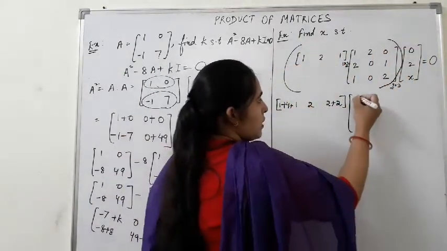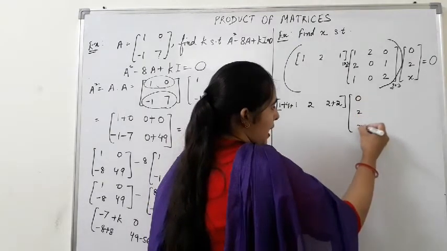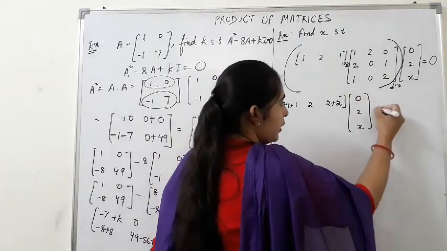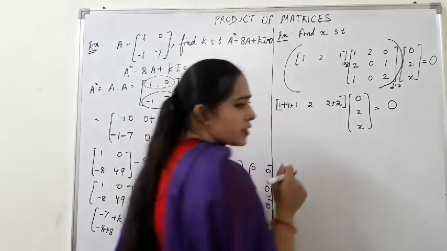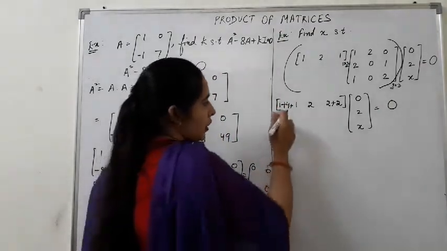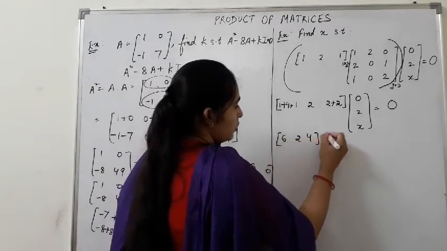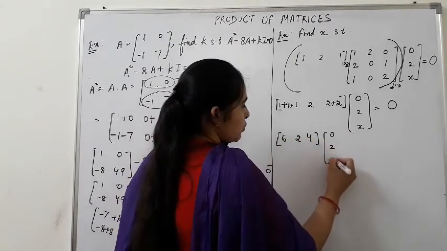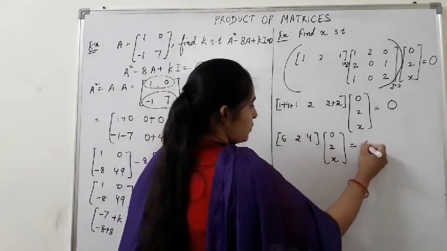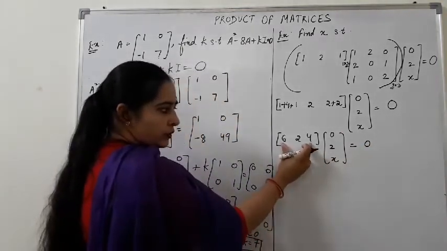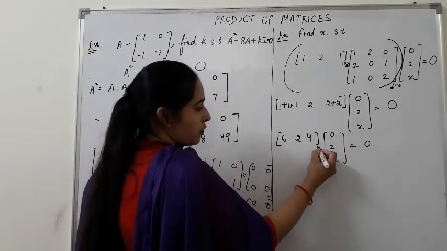Now keep the next matrix as it is for the time being and put it equal to the 0 matrix. Now this is 6 2 4 0 2 x is equal to 0 matrix. Now this is of order 1 by 3, number of rows is 1, number of columns is 3.